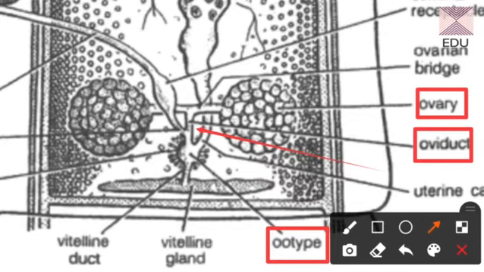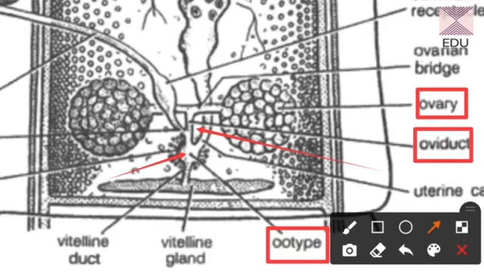Now ootype is a round chamber which is present below the oviduct, and this particular chamber is mixing three things. So first thing is the oviduct. It receives the oviduct from the top, as you can very well see, and second thing is the uterus.